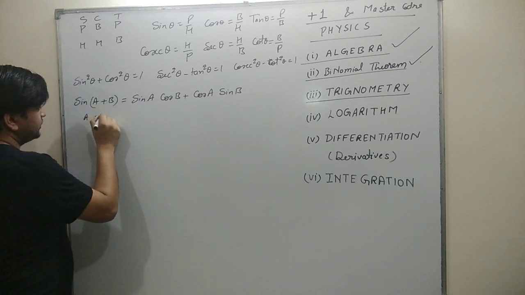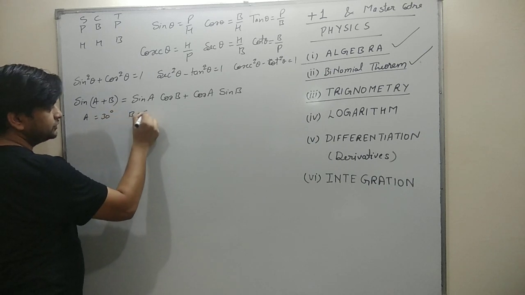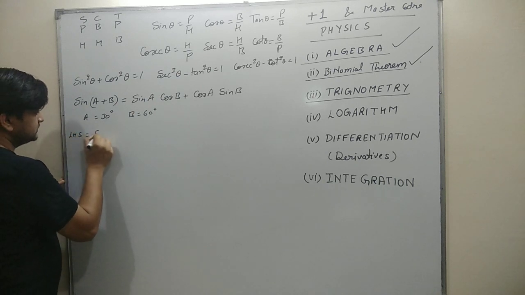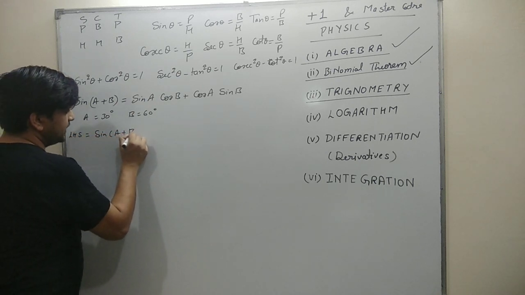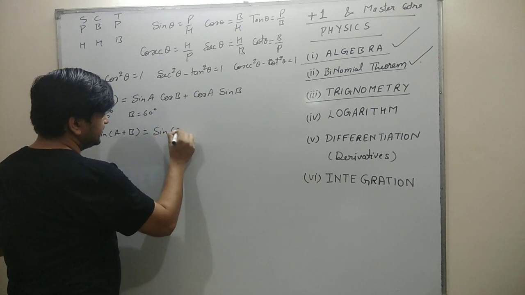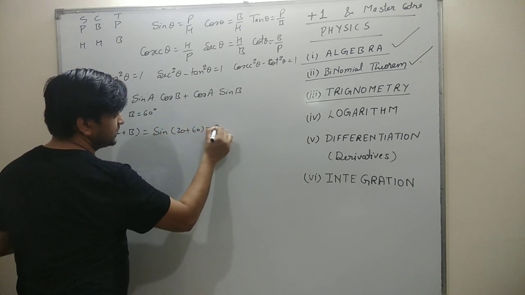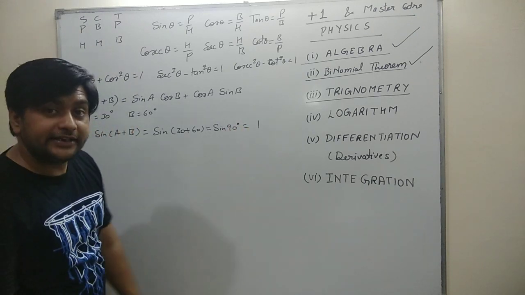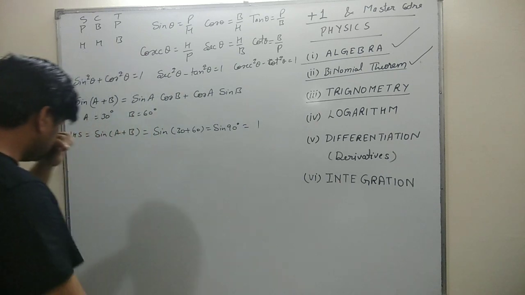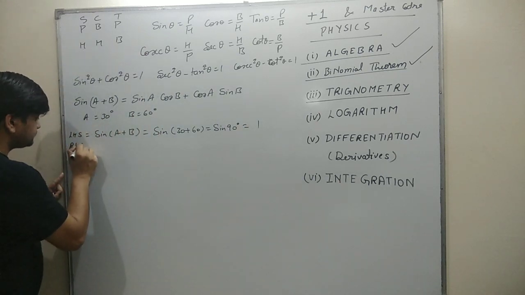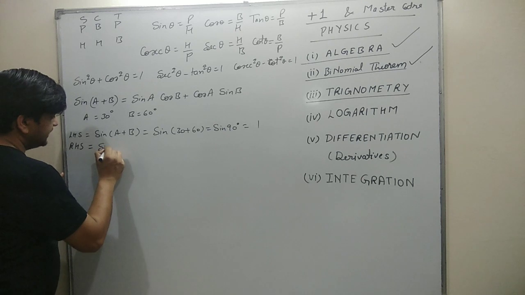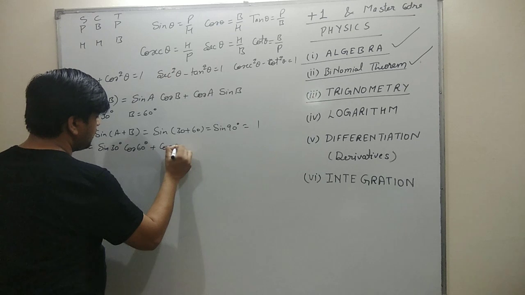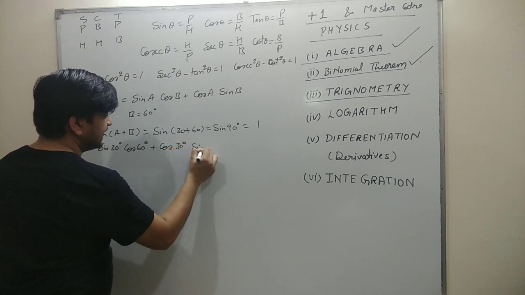Let's do it. A is equal to 30 degrees, B is equal to 60 degrees. So left hand side, sin A plus B, that is sin 30 plus 60, is equal to sin 90, which is equal to 1. Right hand side, sin 30 cos 60 plus cos 30 sin 60.